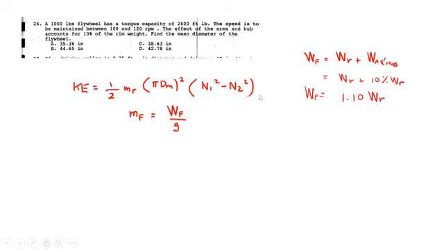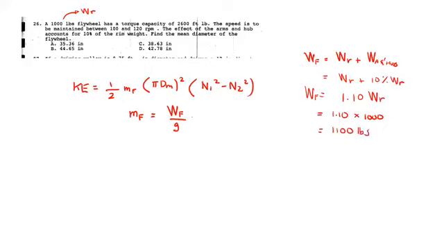So we substitute here 1.10 times the weight of the rim, 1,000 pounds. 1,000 times 1.1 is 1,100 pounds.